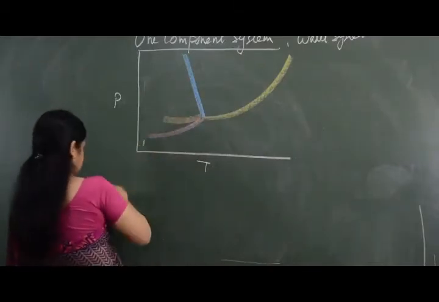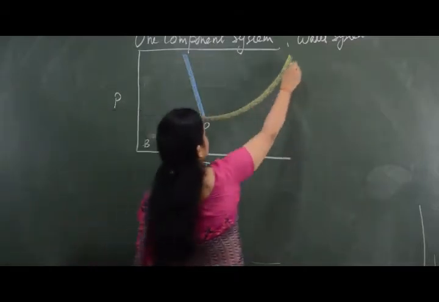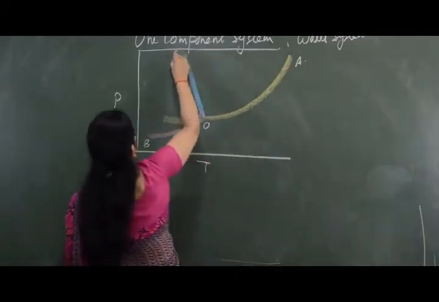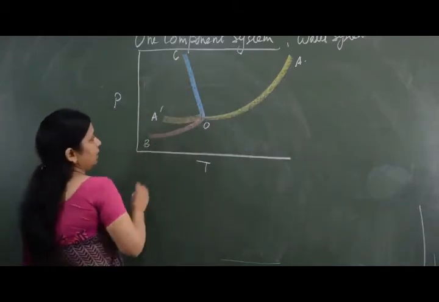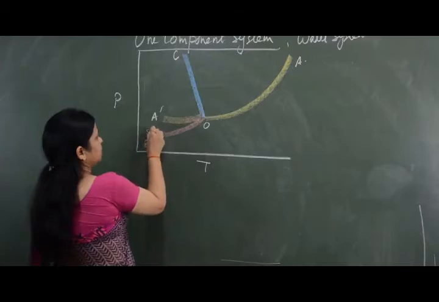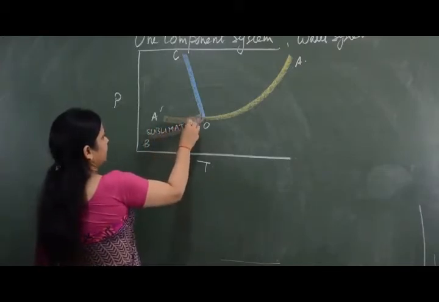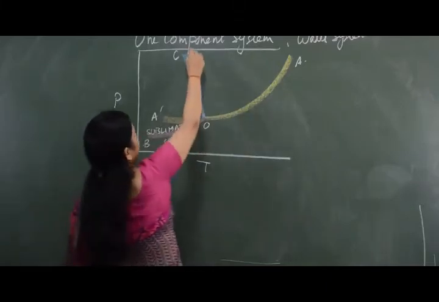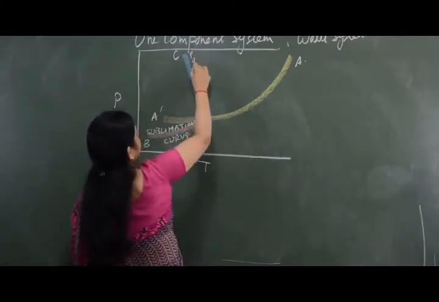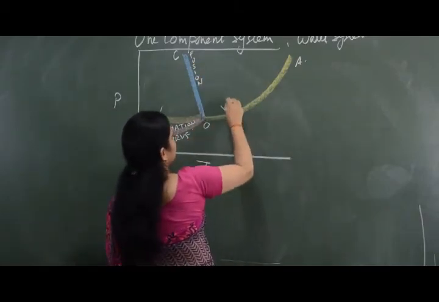So, this is B, this is O, this is A, this is C, and this is A dash. Now, this is a sublimation curve. This is a fusion curve. This is vaporization.